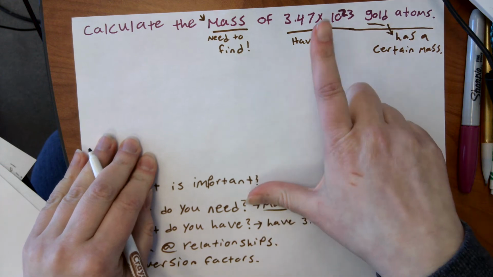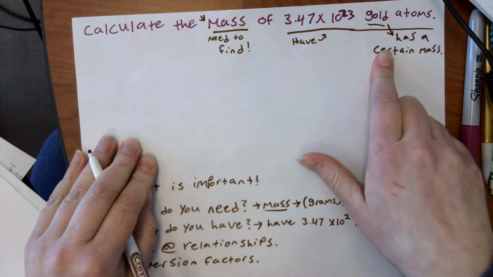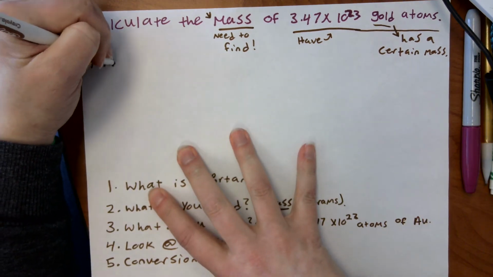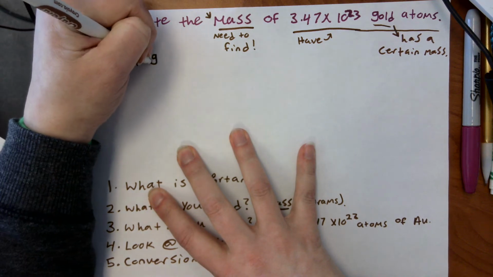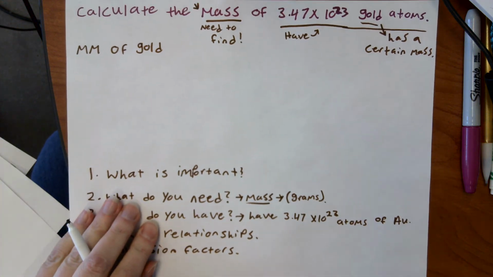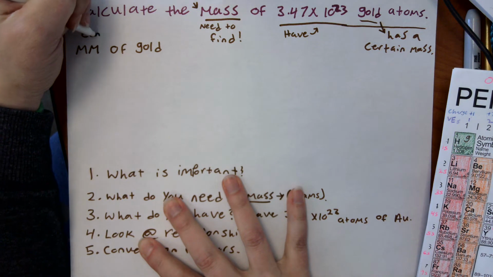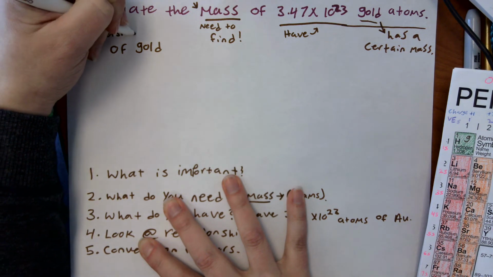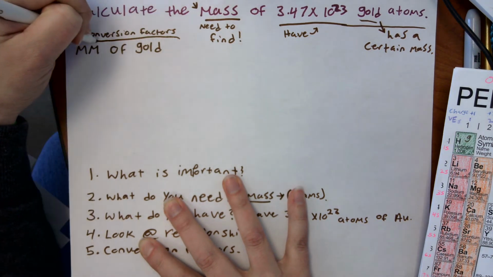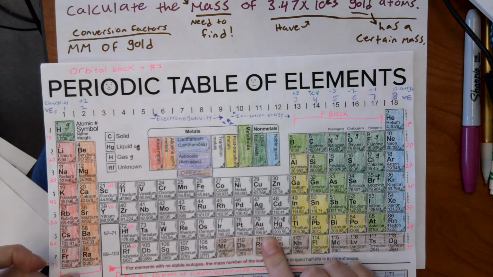Conversion factors. We have mass, and we know that gold has a certain mass, so we should try and find the molar mass of gold. Here, I'll write my conversion factors. So if we look at our periodic table, we find gold, which is down here.